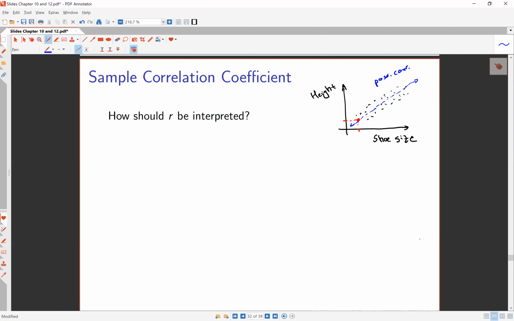So the sign of the correlation corresponds to the sign of the slope of the trajectory line that best runs through your data. So it's able to detect whether there is a positive or a negative relationship in the data, and for that, you just look at the sign. You interpret the sign of the correlation.